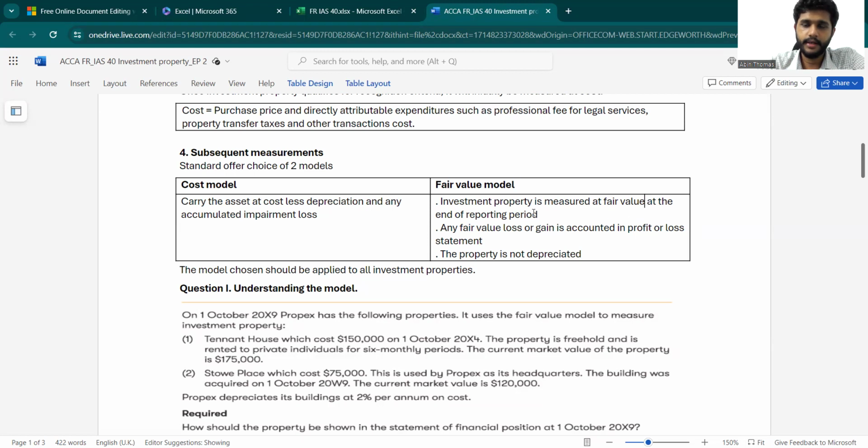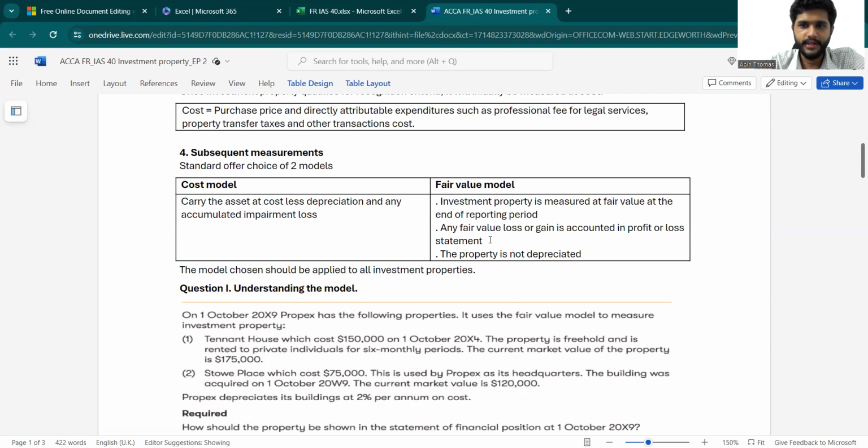The standard says the property should be initially valued at cost and later, at each year end, measured at fair value. Since fair value is the market value, if it is land, then the land value will increase or decrease. Any fair value increase or decrease, gain or loss, is accounted for in the profit or loss statement.